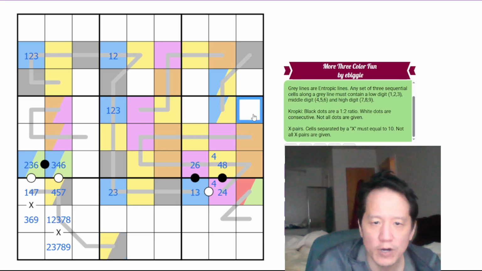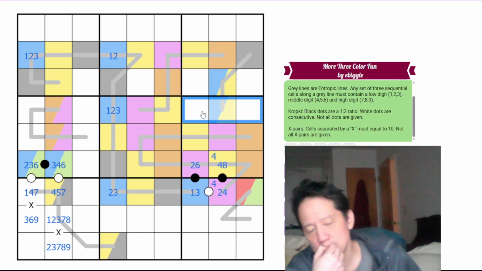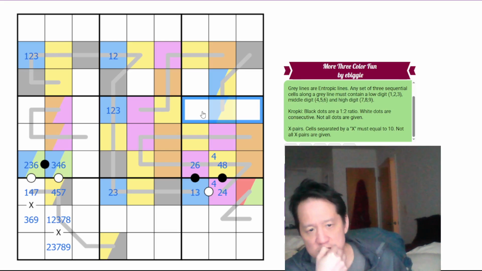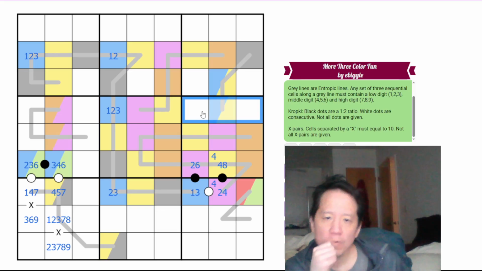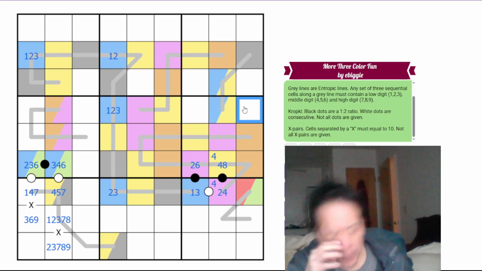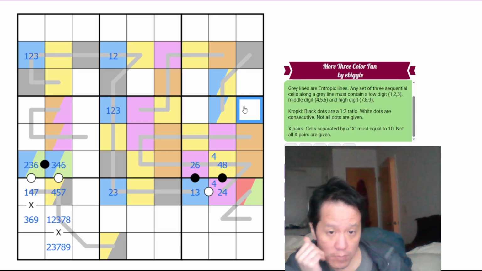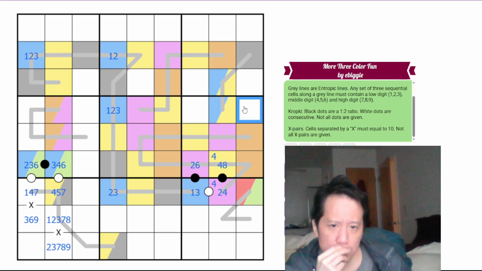Oh, this requires one each of yellow, pink, and orange.